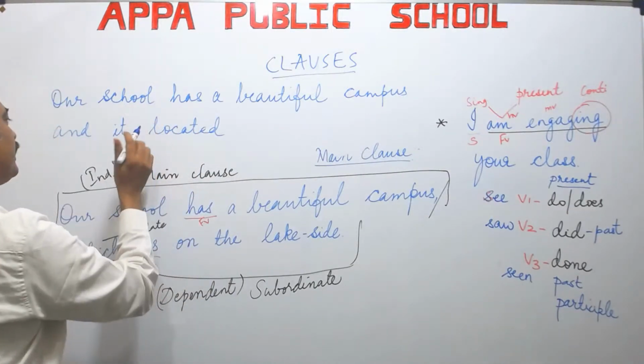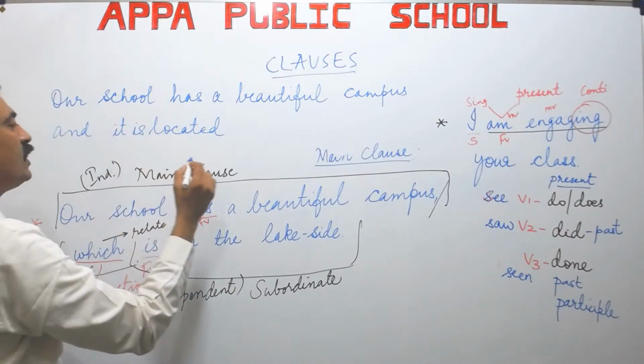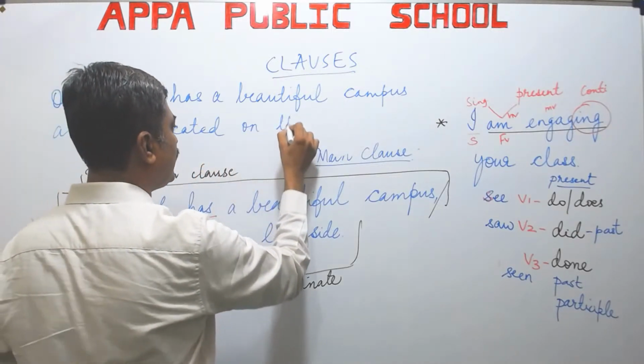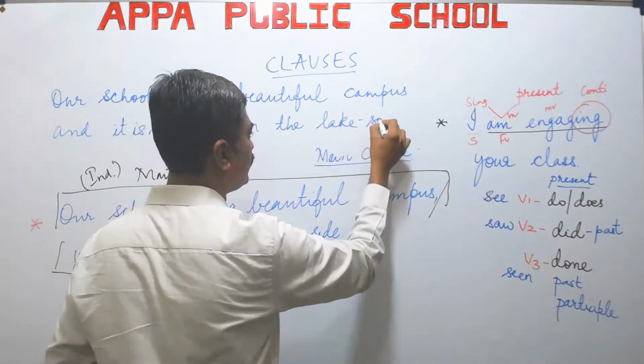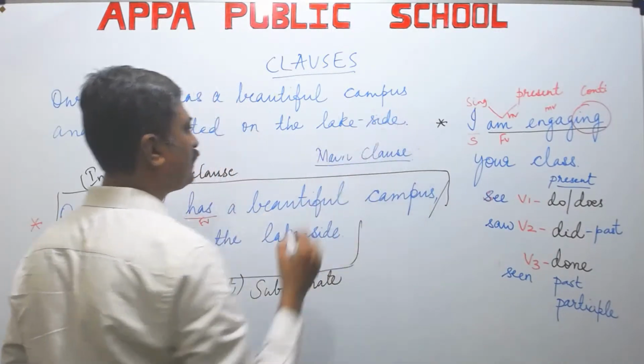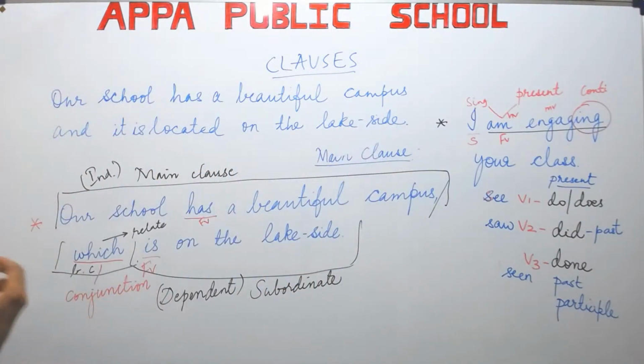Okay, to make it simpler for you, I'll make it, and it is located on the bank of the lake, or say on the lakeside. Okay, the school has a beautiful campus and it is located on the lakeside.